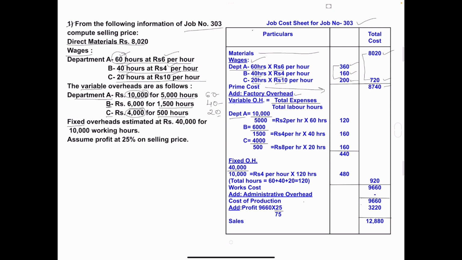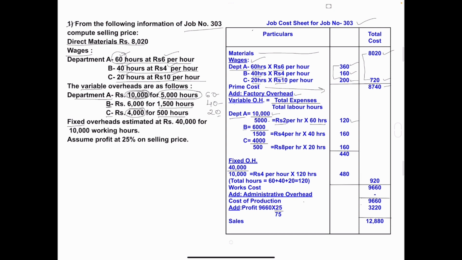First we have to take department A. Total expenses, meaning total overhead amount, is 10,000 for this department A, divided by total labor hours, 5,000. 10,000 divided by 5,000, we will get rupees 2 into 60 hours. Department A has worked for 60 hours. Into 60 we will get 120.